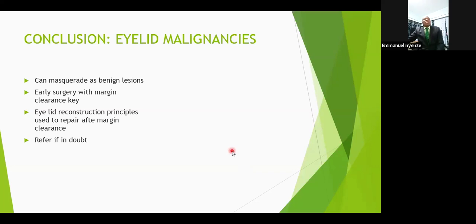But when the lesion stays for long, then it becomes a nightmare in terms of reconstruction and achieving good cosmesis. Of course, after excision, the lid reconstruction principles apply, and the reconstruction can be done, especially after the lid margin clearance has been confirmed by histology. And if you can do frozen sections, then frozen sections can be useful in this.